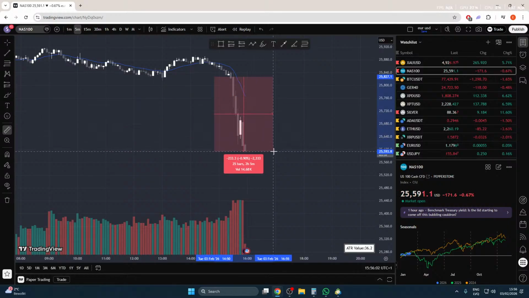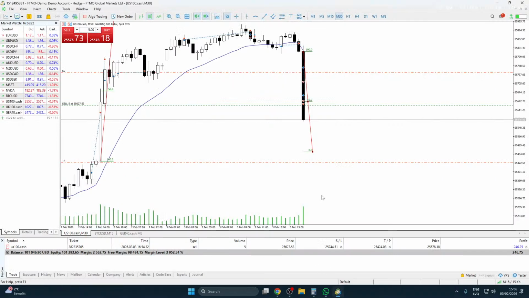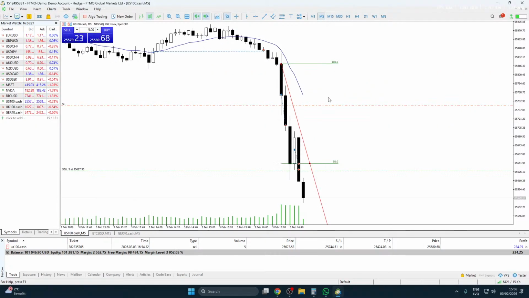It's dropped already 230 points. That's crazy. I mean, I'm getting all kinds of excitement for today. Just need to actually catch the move, easier said than done.